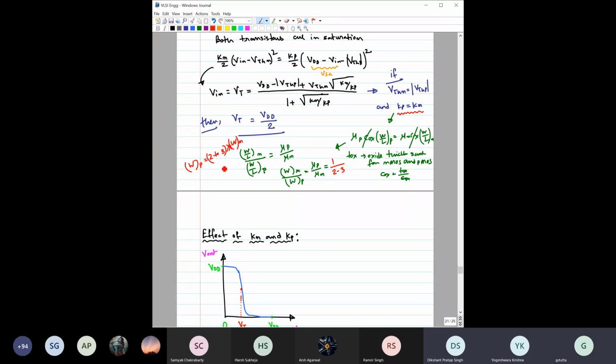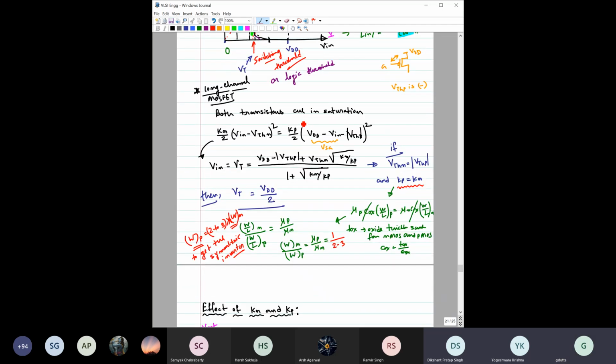That is the reason why you have to make the PMOS at least 2 to 3 times that of the NMOS, right? So in order to get the symmetric inverter.